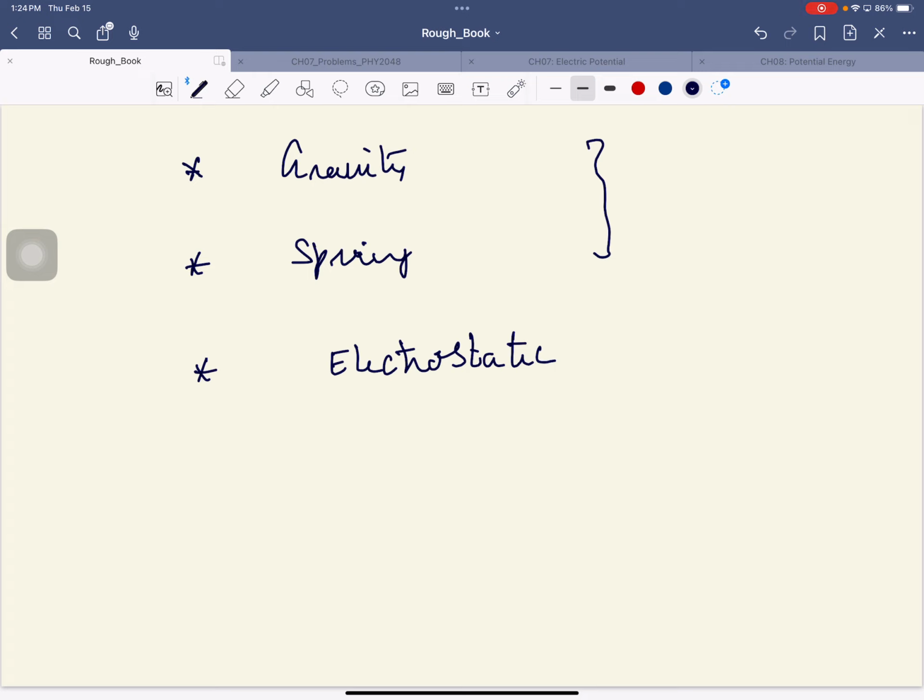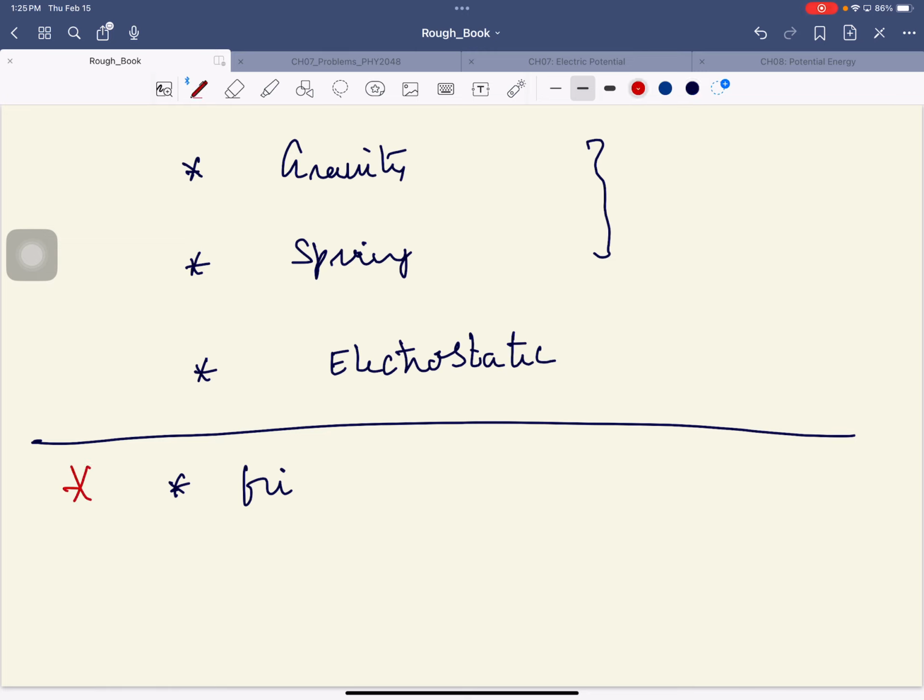Friction is not it. You pushing on a cart is not it.